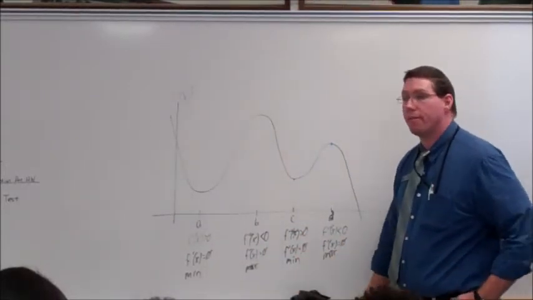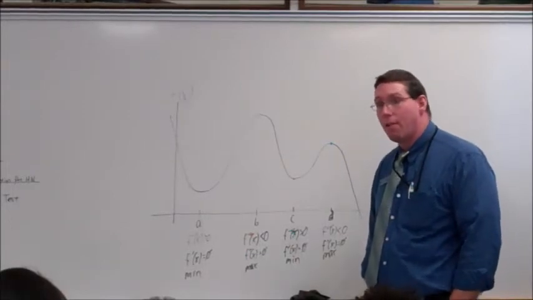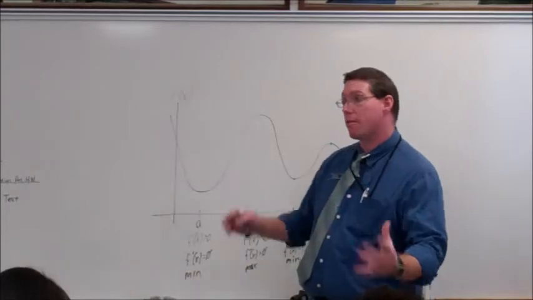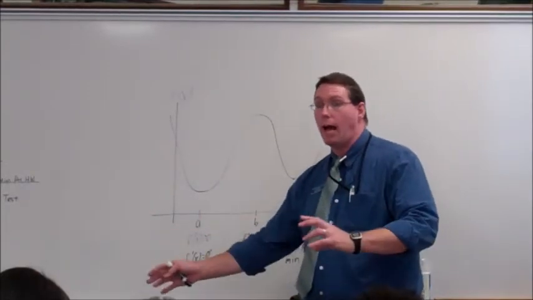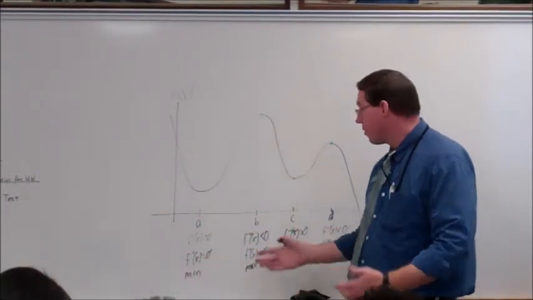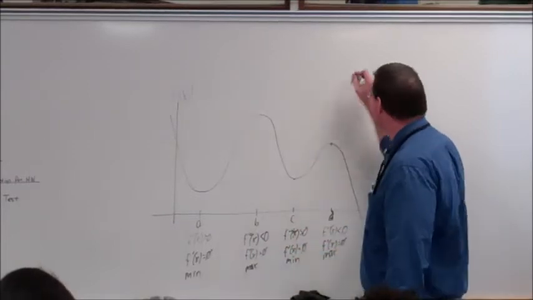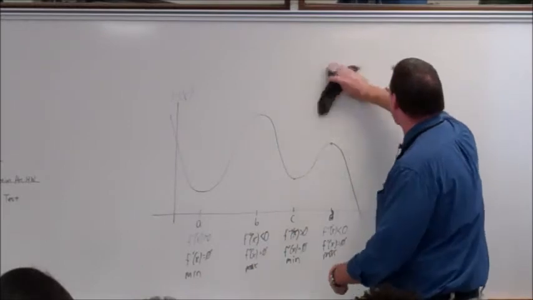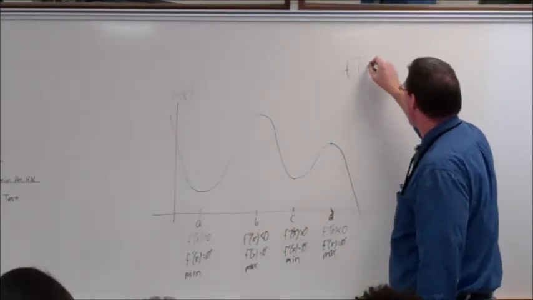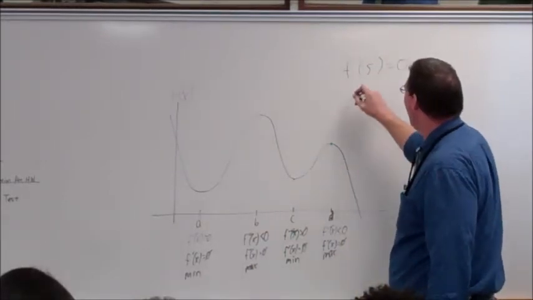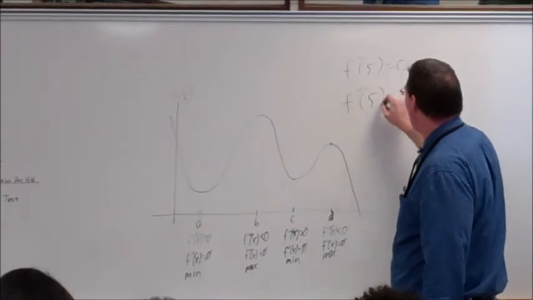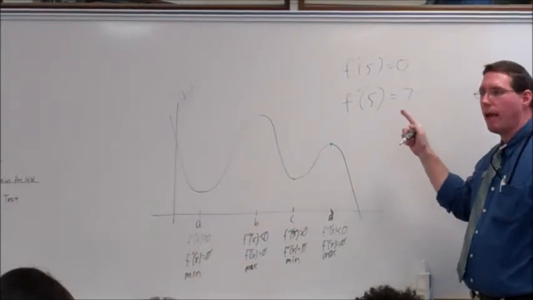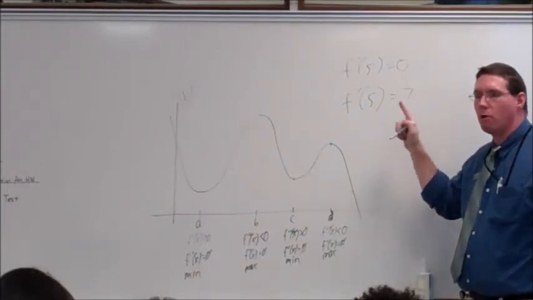I like the second derivative test better than the first derivative test because with the first derivative test, I have to know what the slope is. I need two numbers, one on each side. But for the second derivative, all I have to do is, if I know that f prime of x equals 0, like let's say f prime of 5 equals 0, and I know that f double prime of 5 equals 7, is that a local minimum or a local maximum?